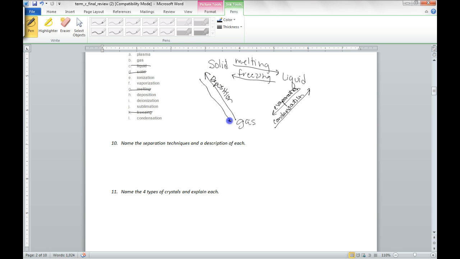And solid to a gas is sublimation. Okay, so condensation's gone, deposition's gone, vaporization is the same as evaporation. We have gas, sublimation.